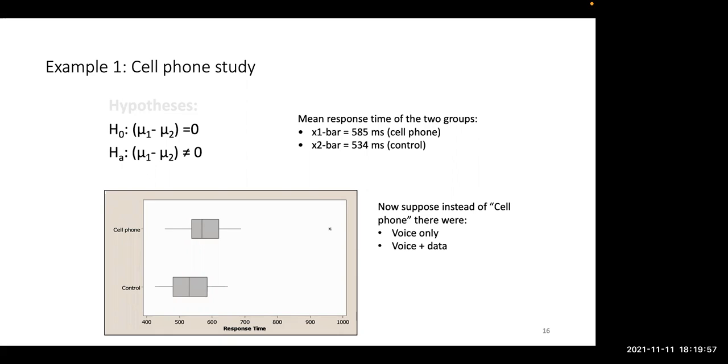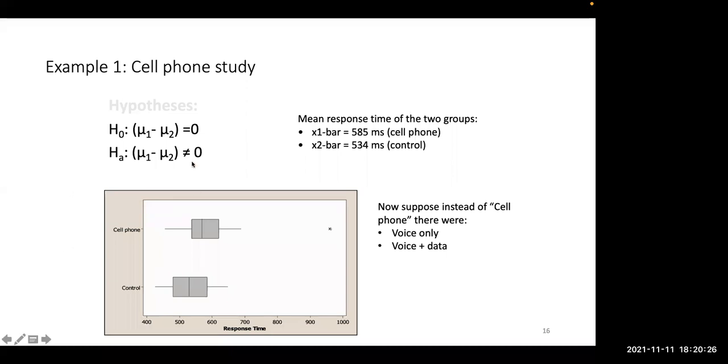So you remember we had use of a cell phone and your reaction time to braking, versus no cell phone use and braking. And now we're using voice and data, so you're messaging. You're not only speaking on the phone, you're also messaging something. And what is your resulting reaction time as compared to those that did not use a cell phone at all? So now you get a third group to that.